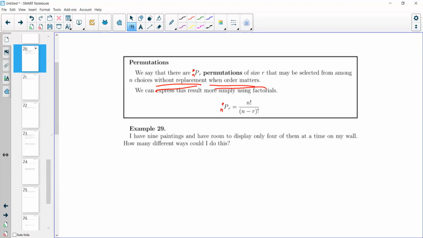That's the big one, when order matters. And here is our formula: the number of permutations from n items taken r at a time equals n factorial over n minus r factorial.